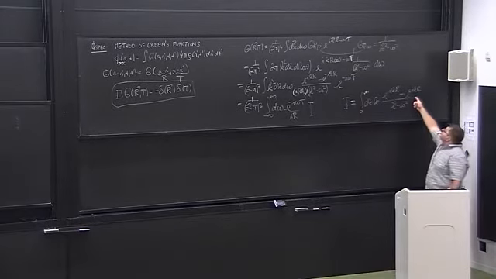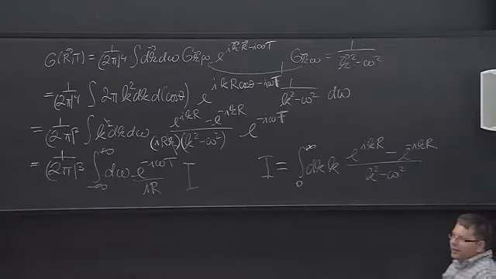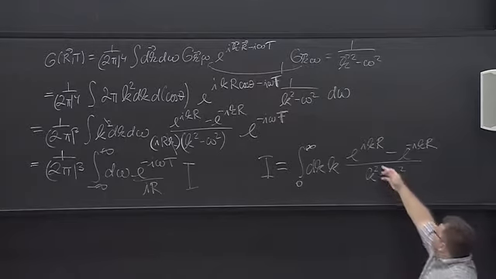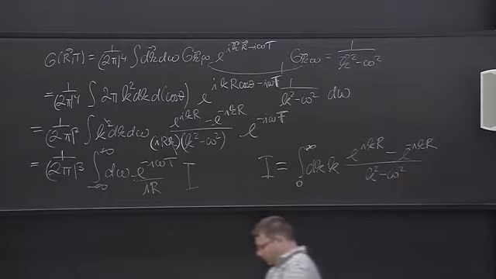And then you can observe that this term is exactly the same as that term, provided that I extend my integration from minus infinity to infinity. So then I have just the first term, and the second term is automatically included.